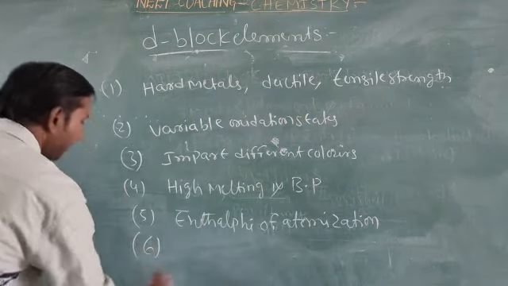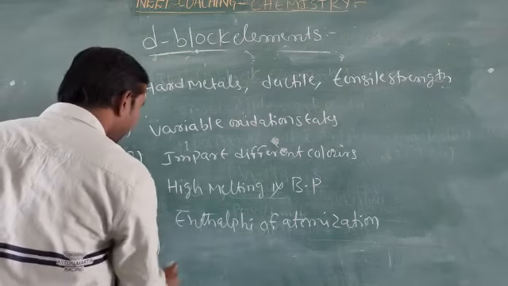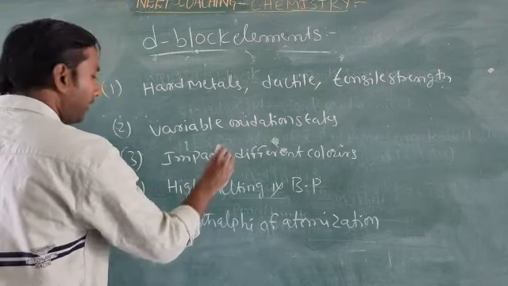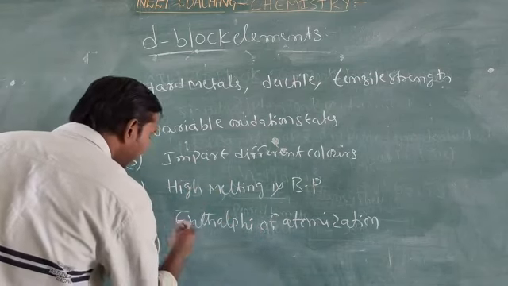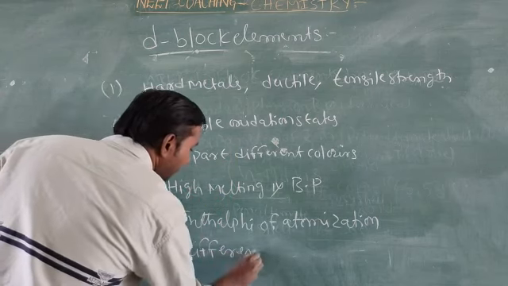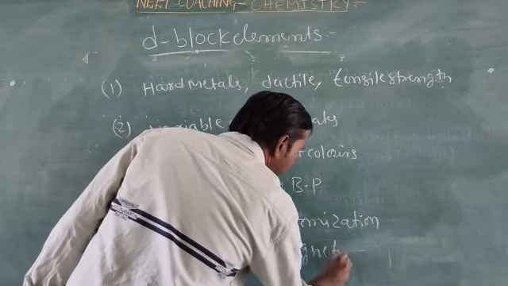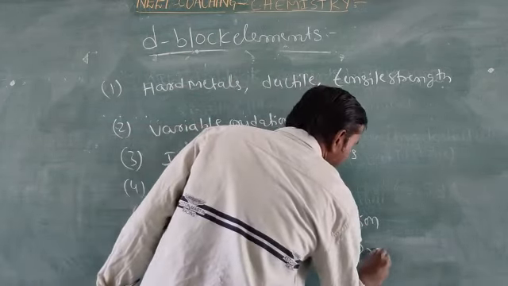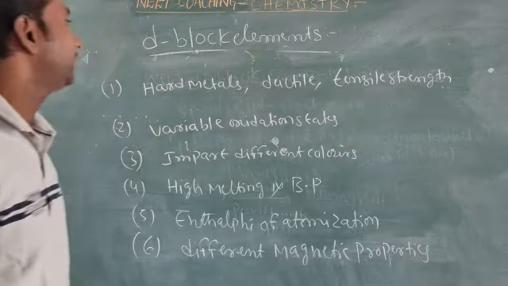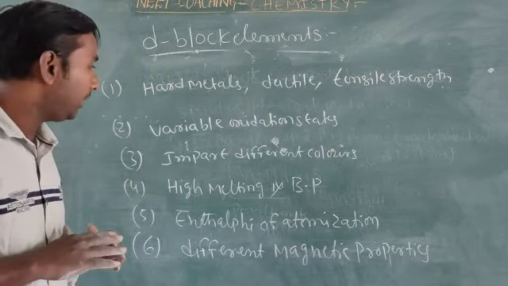Last one, having different magnetic properties. These are the different characteristics in d block elements.